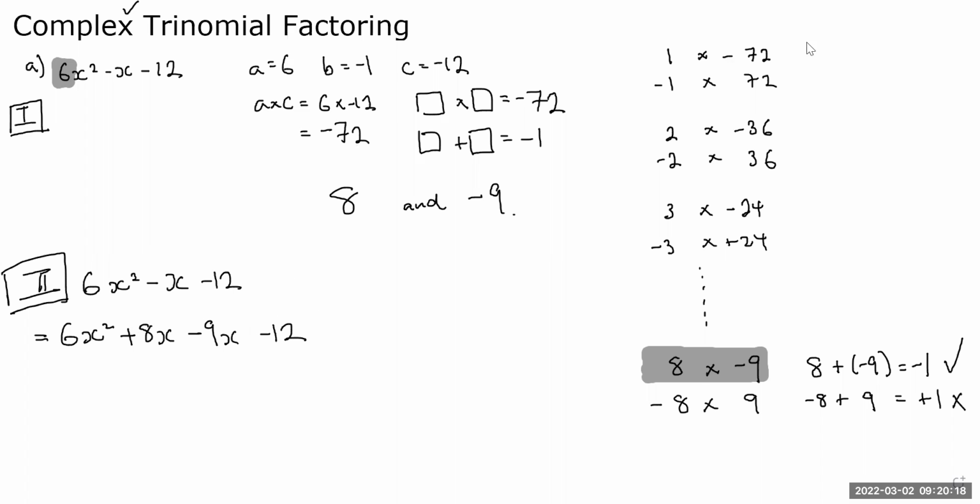Well, take a look at this portion. The negative 1 here is going to be rewritten as if it was an addition-subtraction statement. A positive 8 with a negative 9 will equal a negative 1. That's step 2.